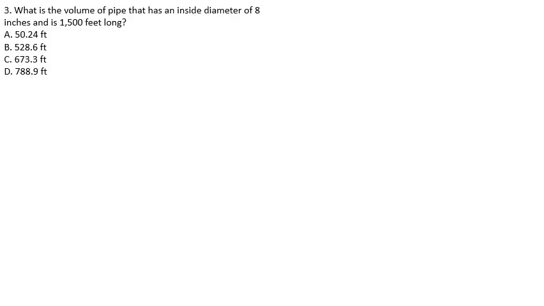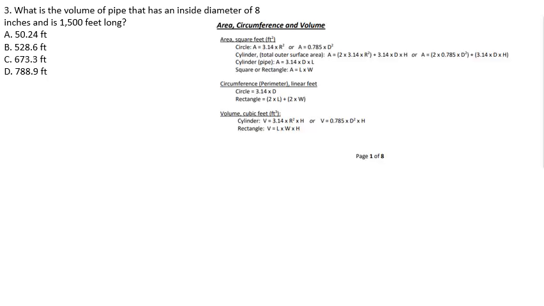Question number 3. What is the volume of a pipe that has an inside diameter of 8 inches and is 1,500 feet long? Again, this comes off of the formula sheet. It says 8 pages for the state of Florida. I recommend getting used to it and where things are for when you take your test. So we're solving for the volume in a pipe, and they give us diameter.